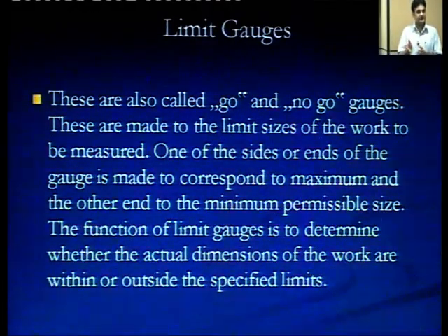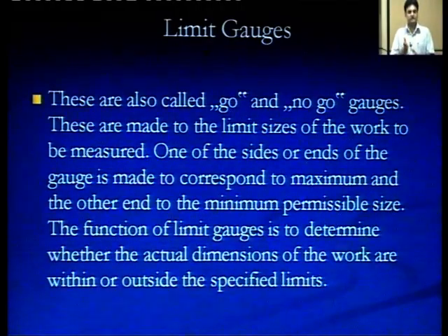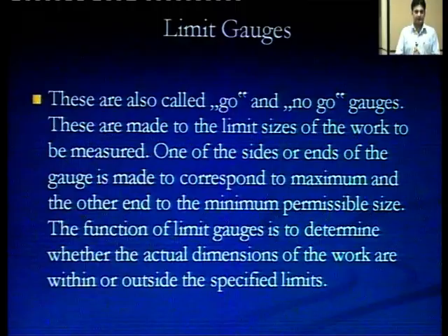Now one of the sides or ends of the gauge is made to correspond to the maximum and the other end to the minimum permissible size. Suppose there are two limits, a high limit and a low limit of the workpiece. So one side corresponds to the maximum or high limit and the other side corresponds to the lower limit.